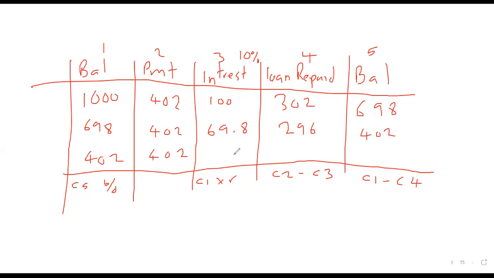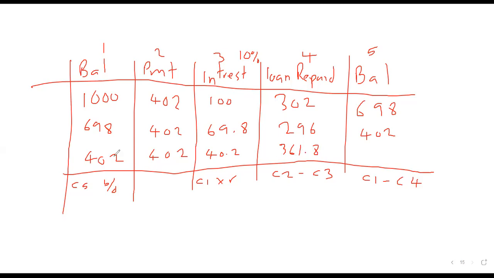Then 10% of this one is 36.6. When you subtract these two, to get column 4, it is column 2 minus column 3, what are you getting? 365.4.